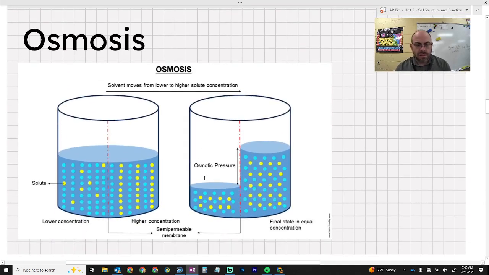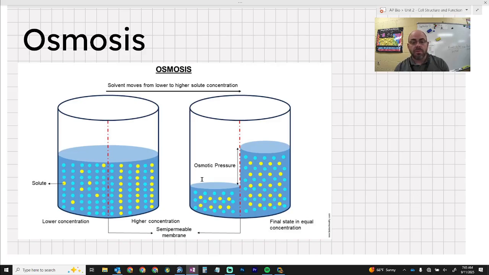Osmosis is a type of diffusion in that it is the diffusion of water. We're going to talk about this at length in 2.7, so I'm not going to borrow a whole lot from that, but water is a material, just like a solute is a material, and water will move independently of the solute.